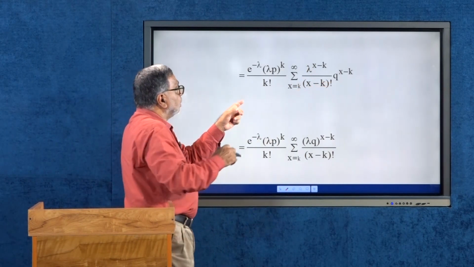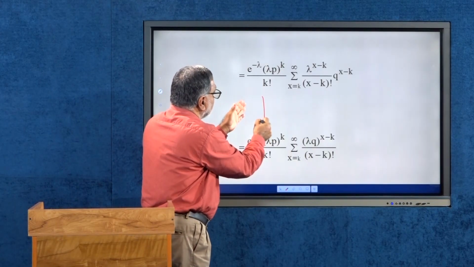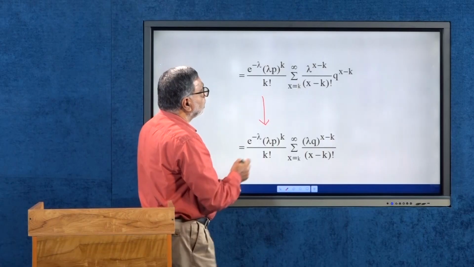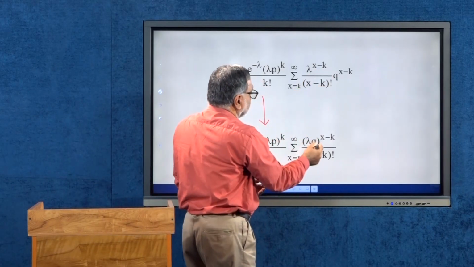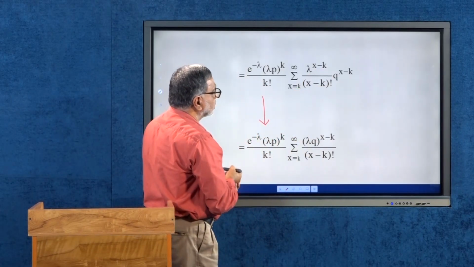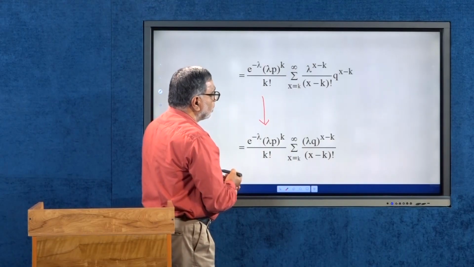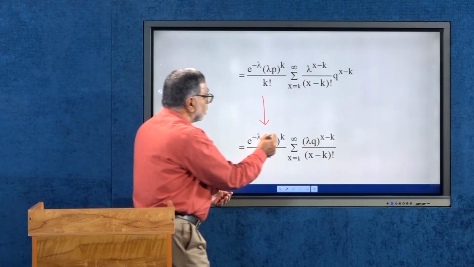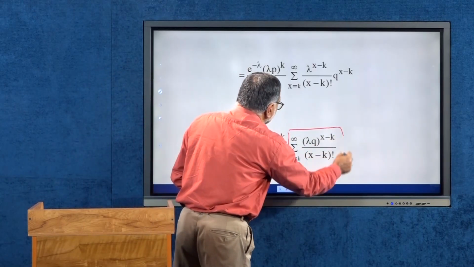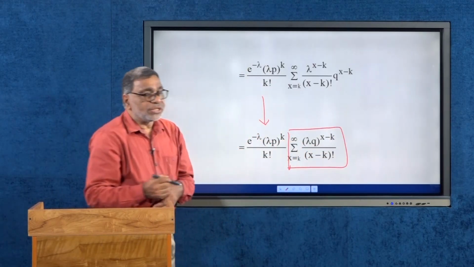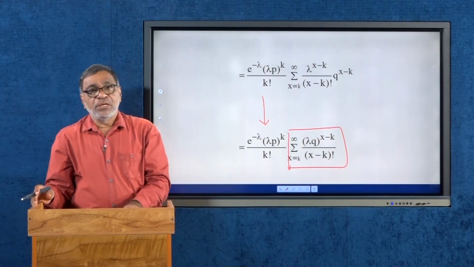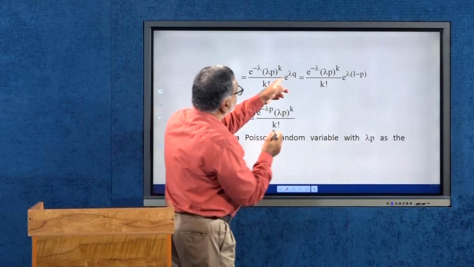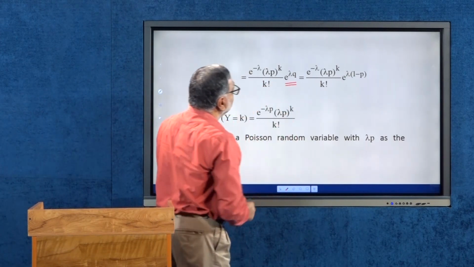Combining the same factor, this is lambda q power x minus k divided by x minus k factorial, with x starting from k to infinity. This is a known summation for us, because it is the series of e power lambda q, and that is equal to e power lambda q.